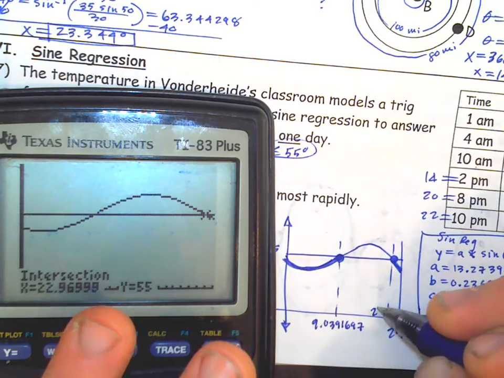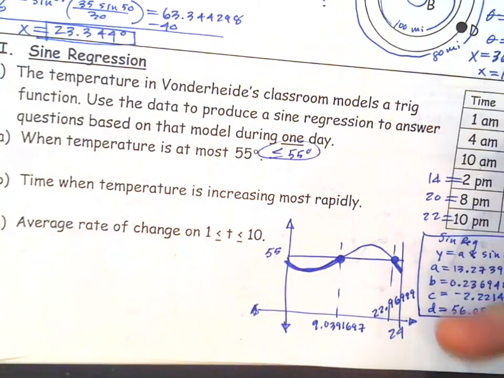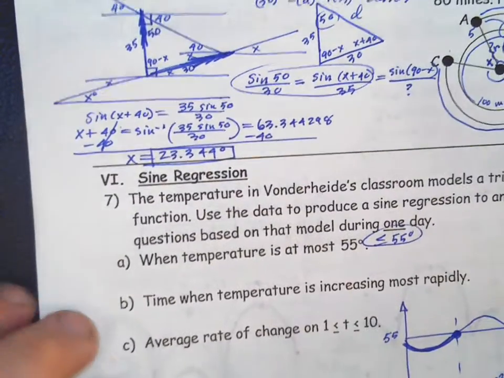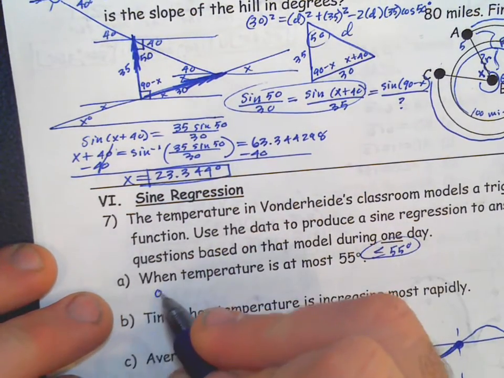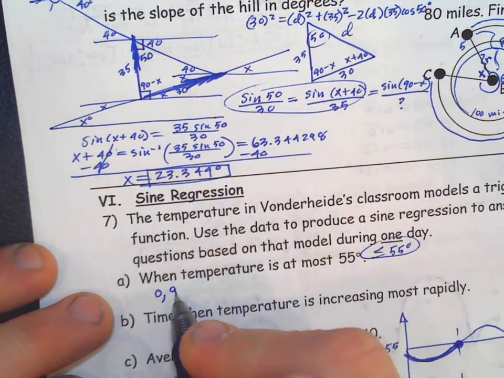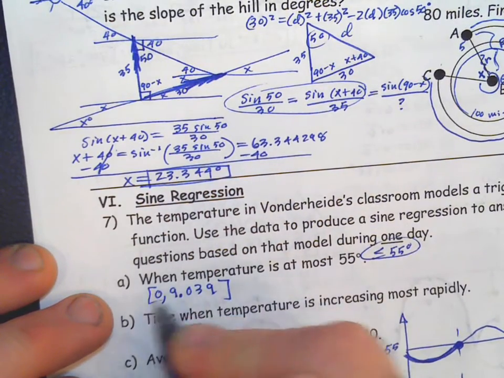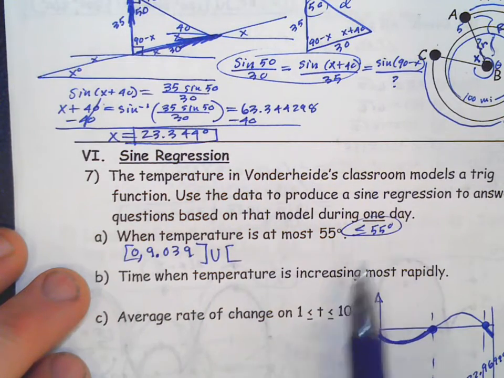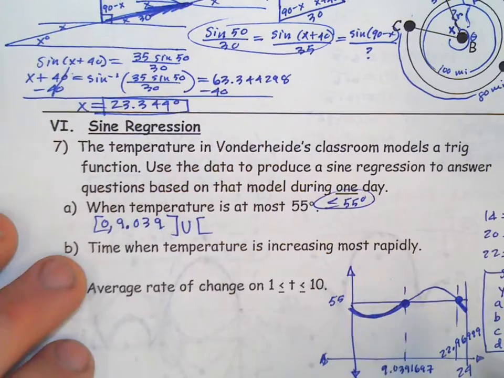That's my guess. 22.96999. So these are interval answers, and we're including the beginning and end of the day. So it's going to be [0, 9.039] union. Now, if it just said less than 55, we'd still have a bracket at 0, but an open dot here, in parentheses, at 9.039.